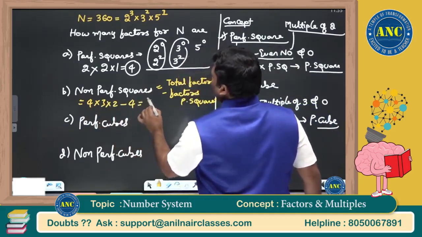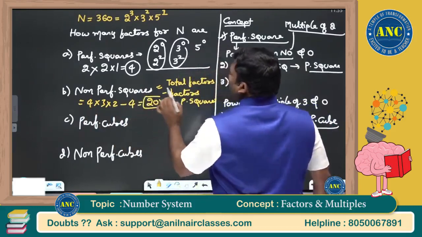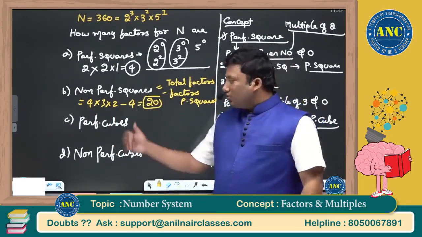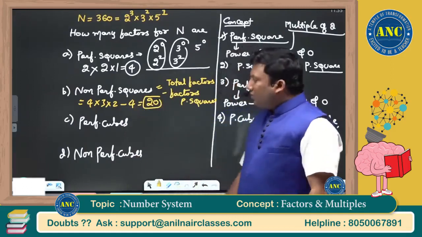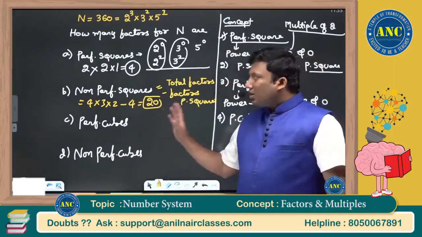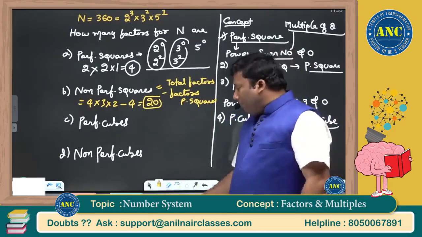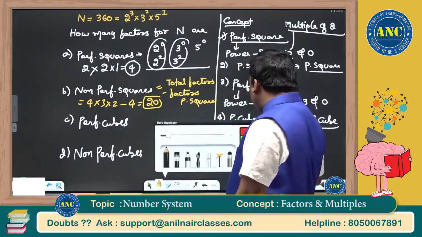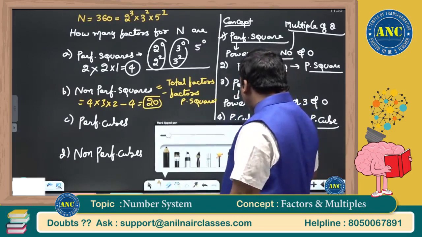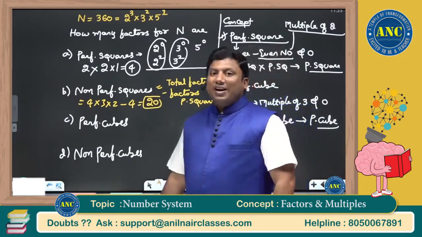So 24 minus 4. Factors which are non-perfect squares are 20. I hope the idea is clear. It's a simple definition of a perfect square. Once you understand the definition of a perfect square, then the process will become very easy.